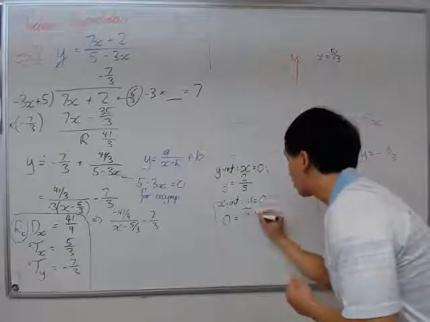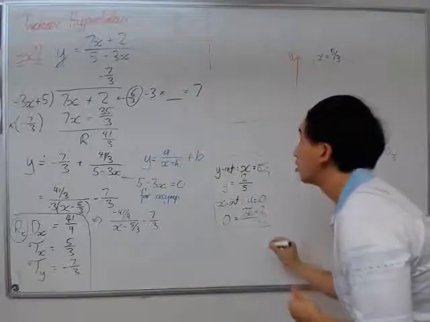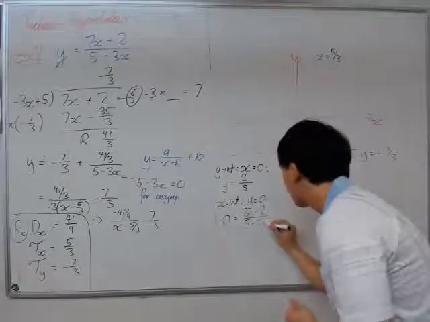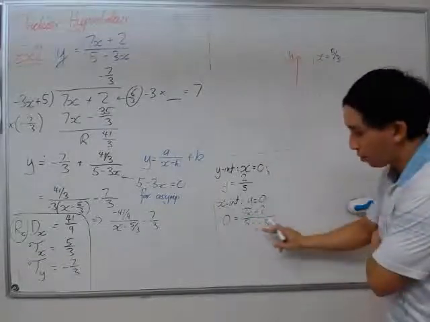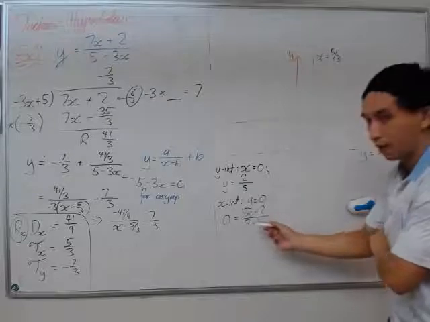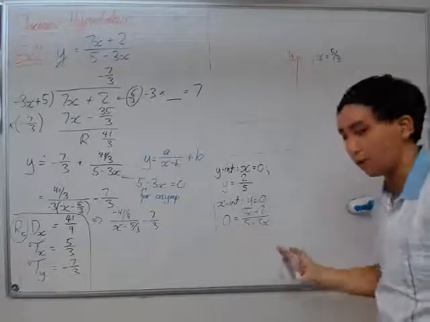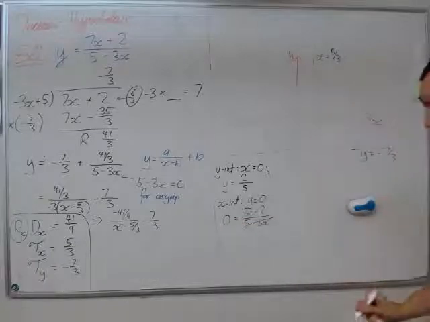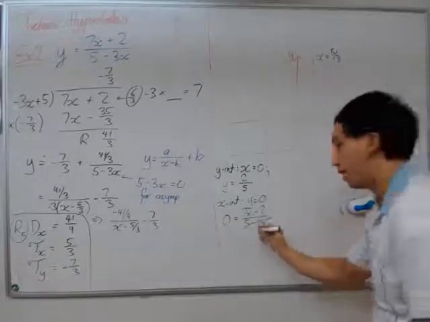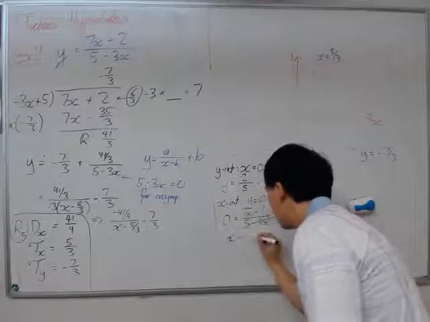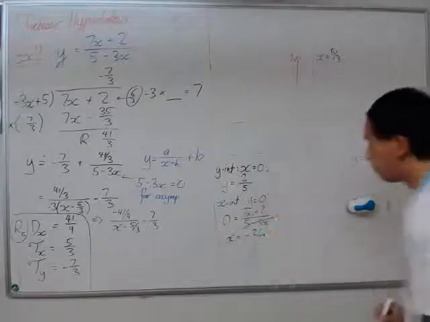So we've got 7x plus 2 over 5 minus 3x. But wait, hold on. This equation here is independent of what the denominator is. So if you multiply both sides by 5 minus 3x, this gets cancelled out. So this means our x-intercept has to be negative 2 on 7.